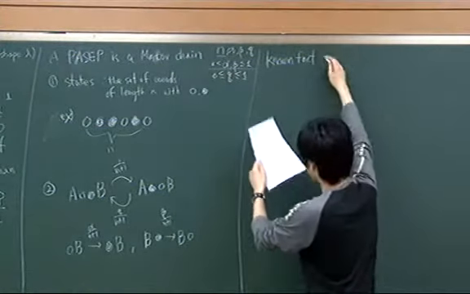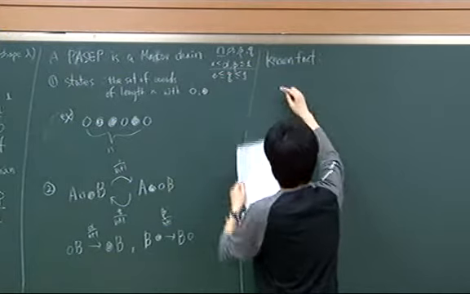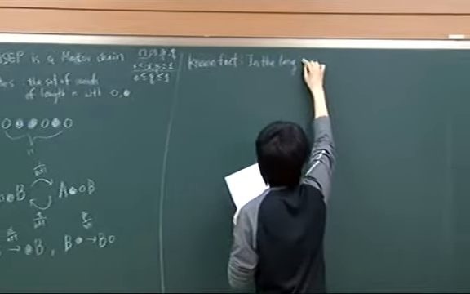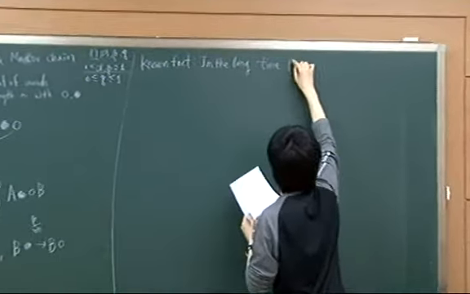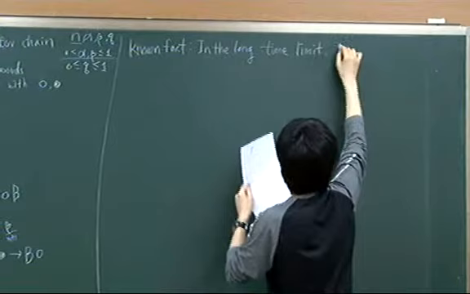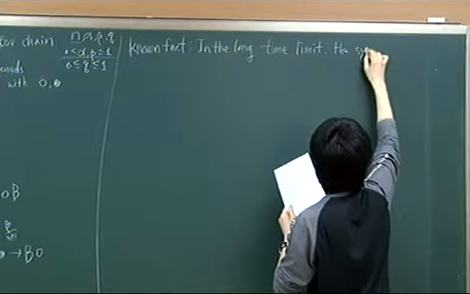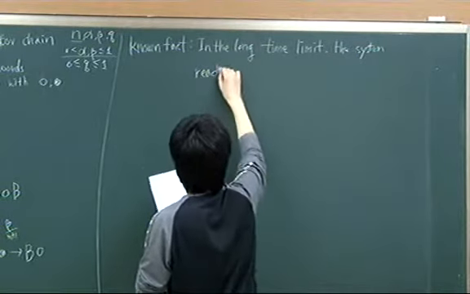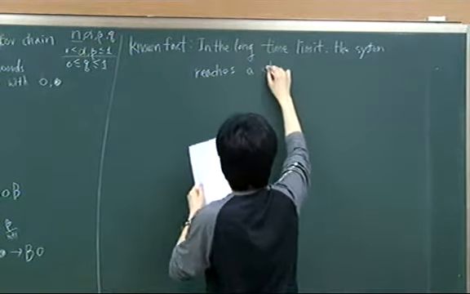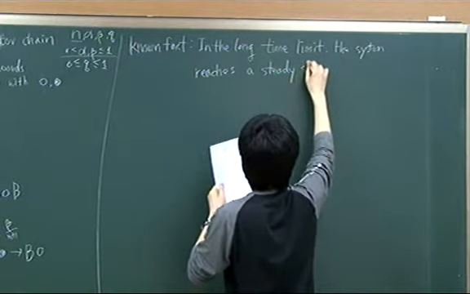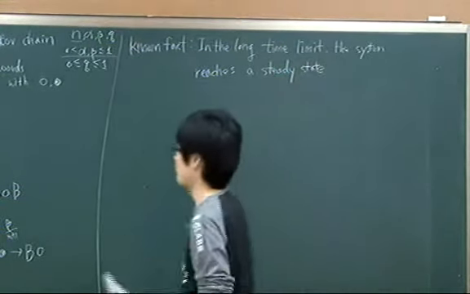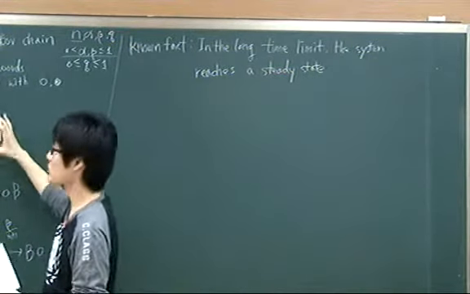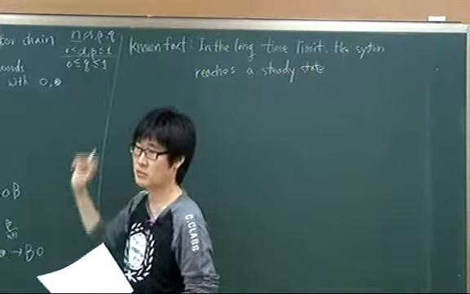In the long time limit, the system reaches a steady state. We can write down the formula for the probability of this only in terms of these four numbers.